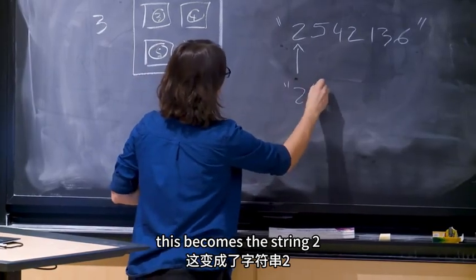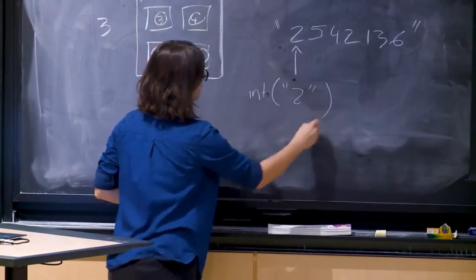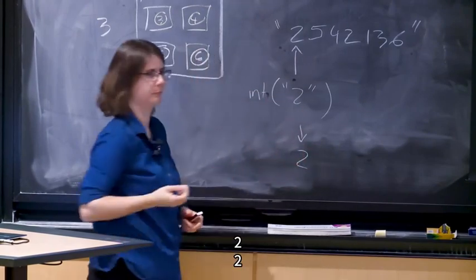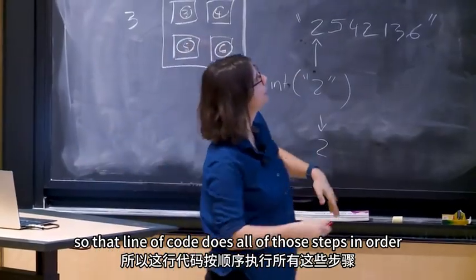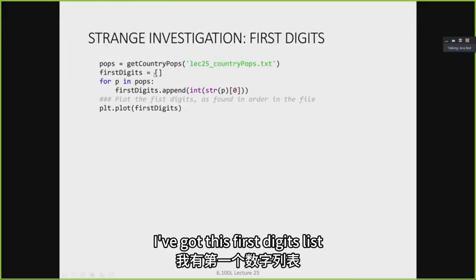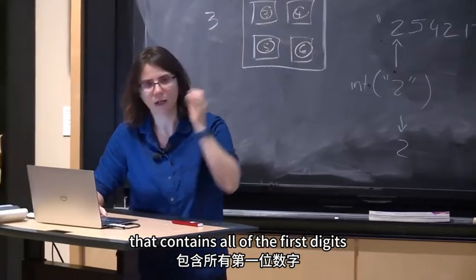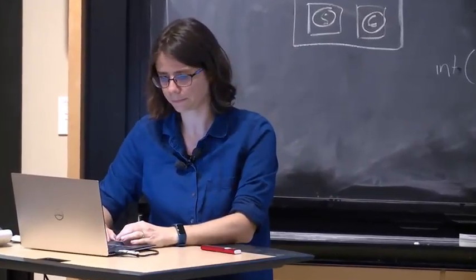This becomes the string 2. And then we cast that to an integer, to give us 2. So that line of code does all of those steps in order. So at the end of this loop, I've got this first digits list that contains all of the first digits of every single one of those country populations.